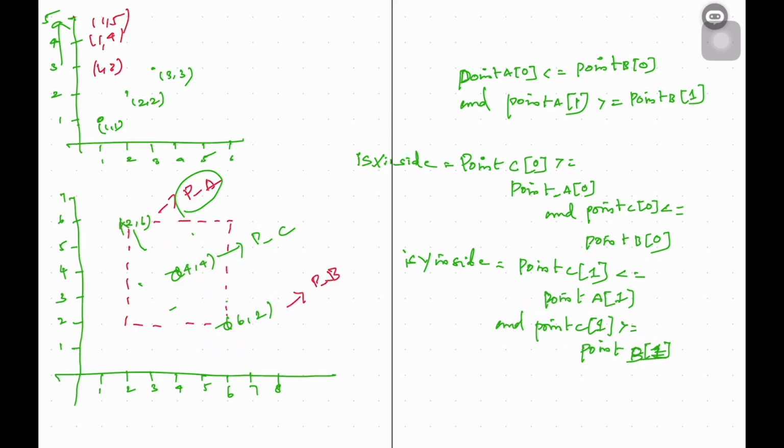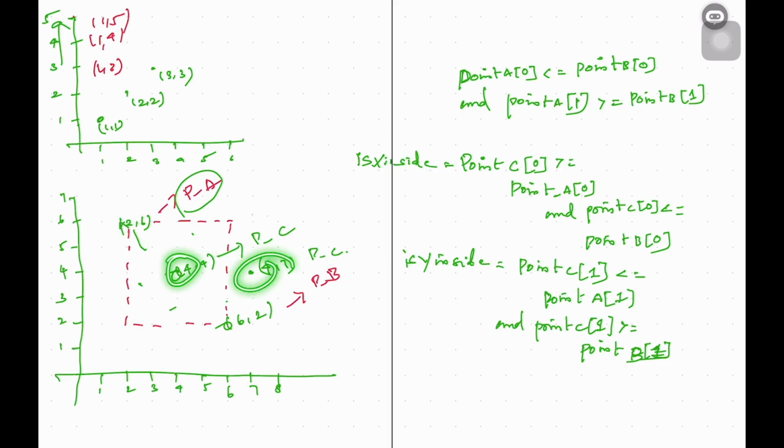So for example, why are we checking both, is x inside or is y inside? Maybe sometimes what might happen: let's have a point as 4, 7, which is a point C. Now if you see, this is the point C. Now is x inside?